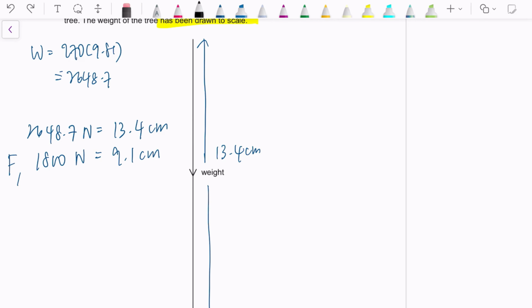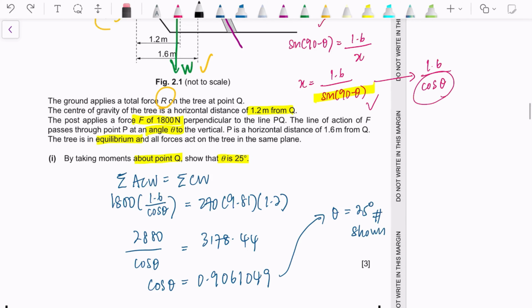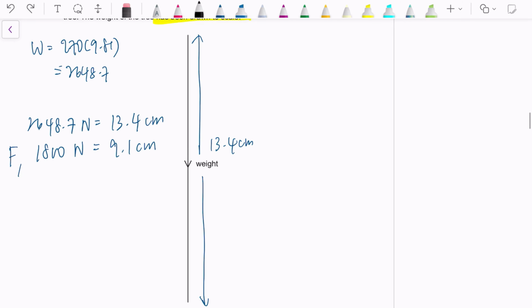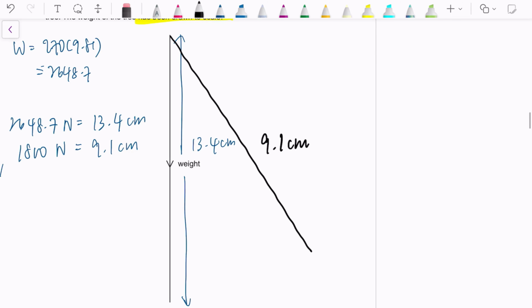Okay, this may be too long. Okay, approximately, I think it's, yeah, something like that. 9.1 cm. Make sure you use your ruler. Don't freehand. Yeah, I freehand because I don't have a ruler here. So 9.1 cm.